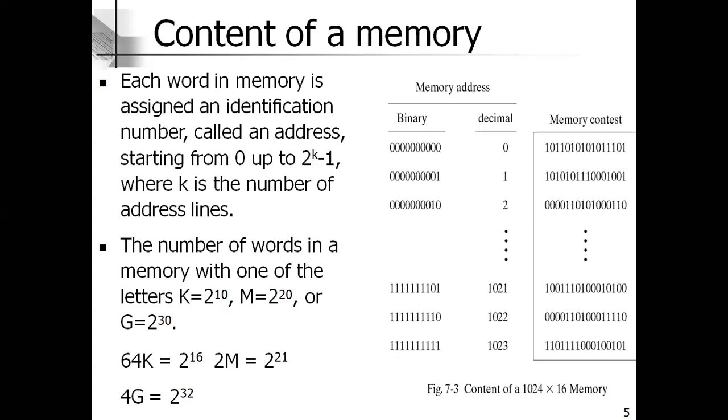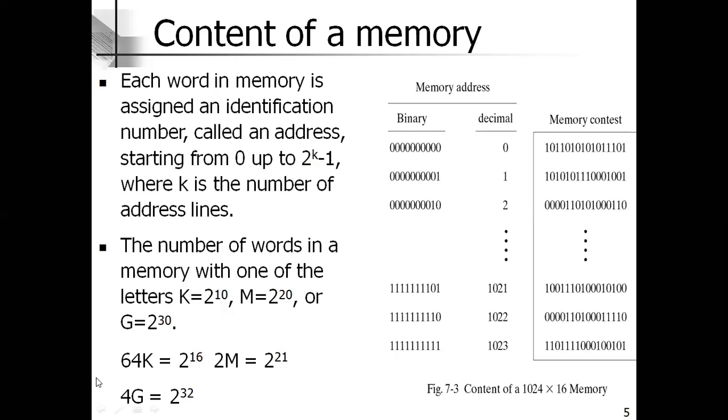Here K is nothing but kilobyte, M is megabyte, and G is gigabyte. So kilobyte is equal to 2 power 10, megabyte is equal to 2 power 20, and gigabyte is equal to 2 power 30.